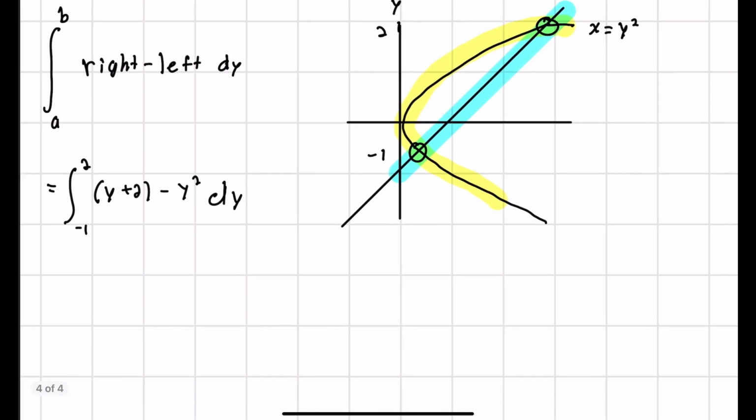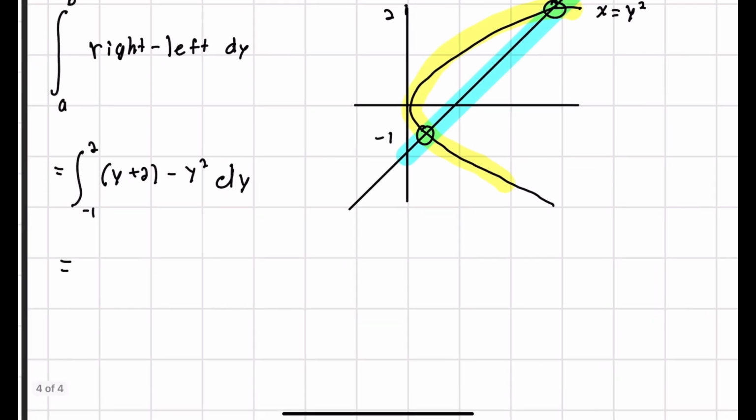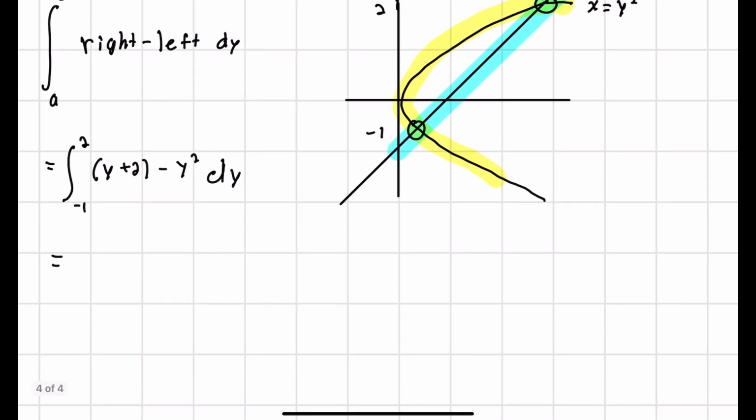And now let's compute this integral. So we have the antiderivative of y, which is y squared over 2, plus the antiderivative of 2, which is 2y, minus the antiderivative of y squared, which is y cubed over 3. And let's define our lower bound and upper bound.